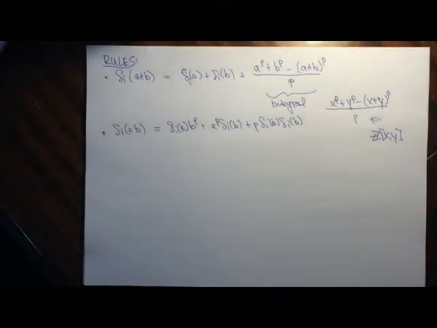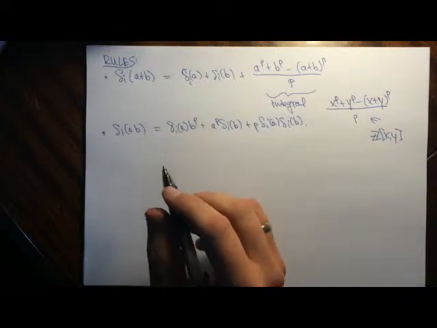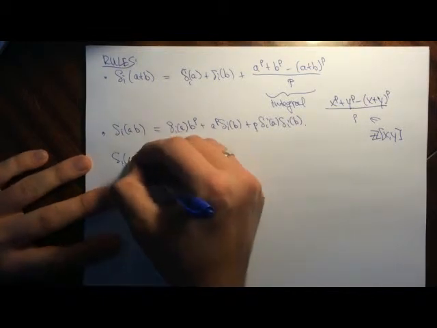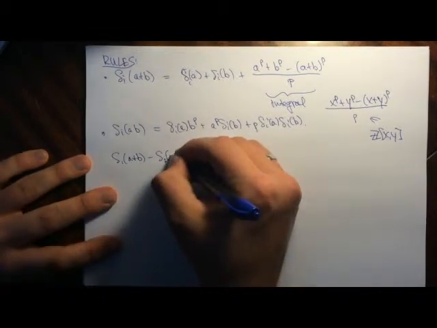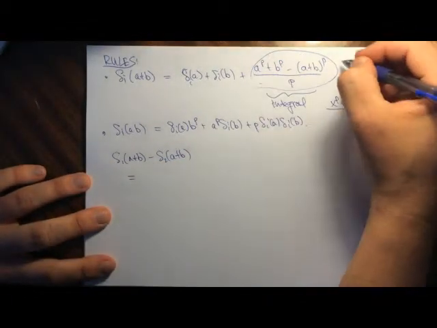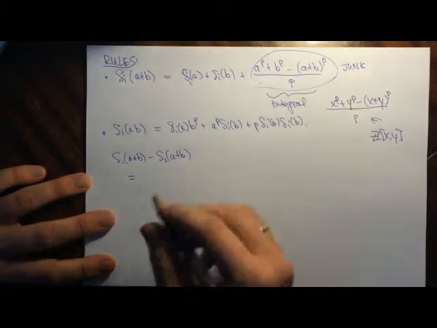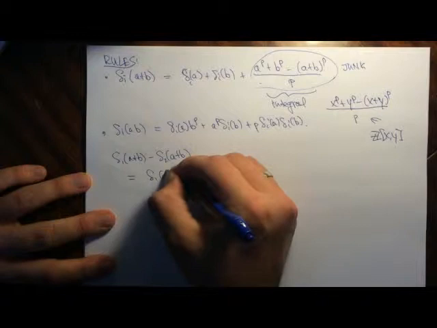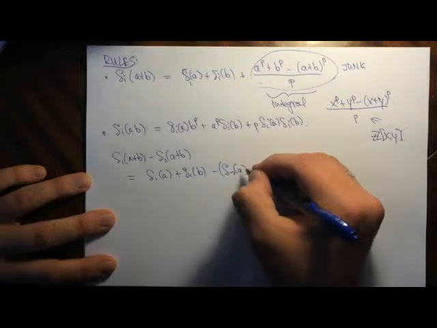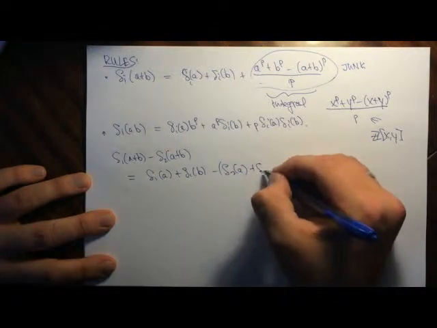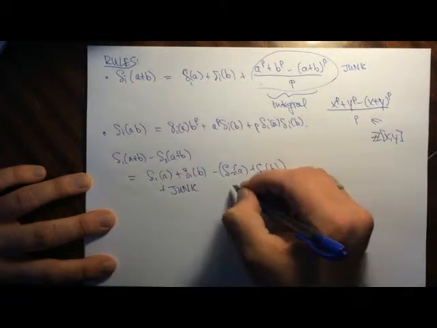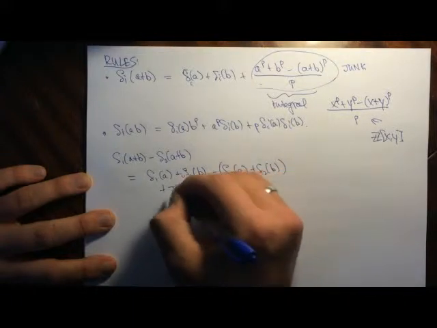Okay, so we have those two rules, and so you can see now that if you take delta 1 of a plus b minus delta 2 of a plus b, what are you going to get? Let's call this term here junk. So this is going to be delta 1 of a plus delta 1 of b minus delta 2 of a plus delta 2 of b, and then plus junk minus junk, and those go away.